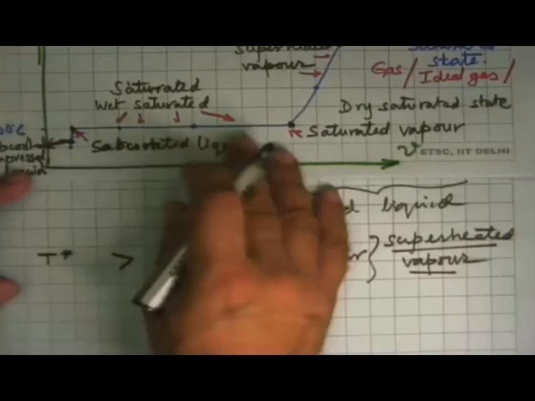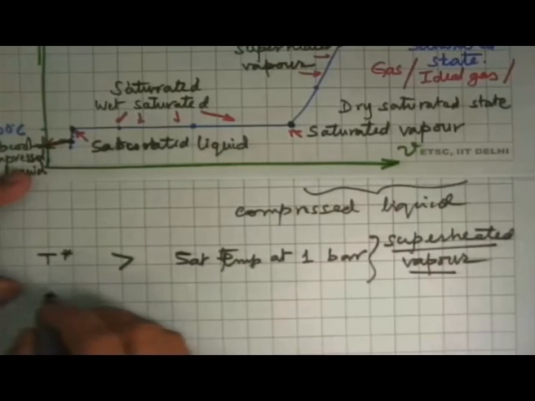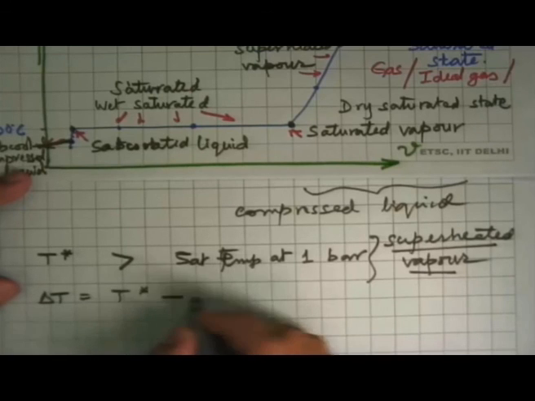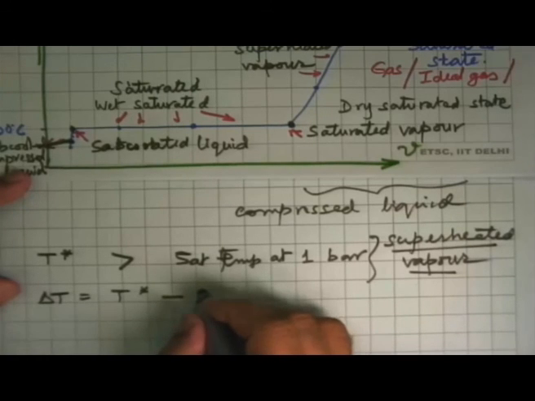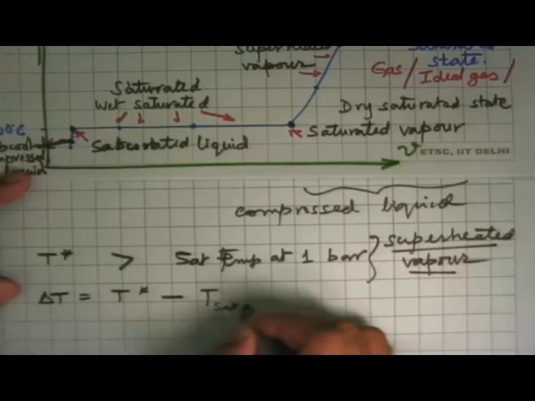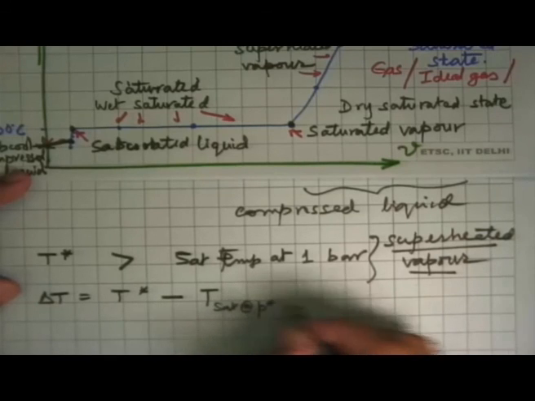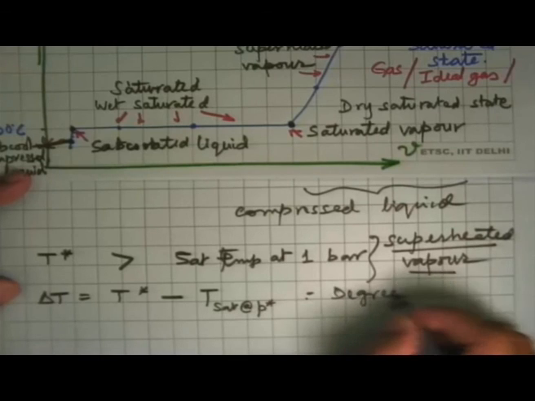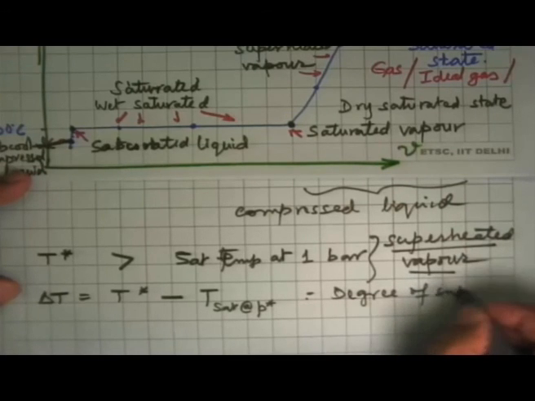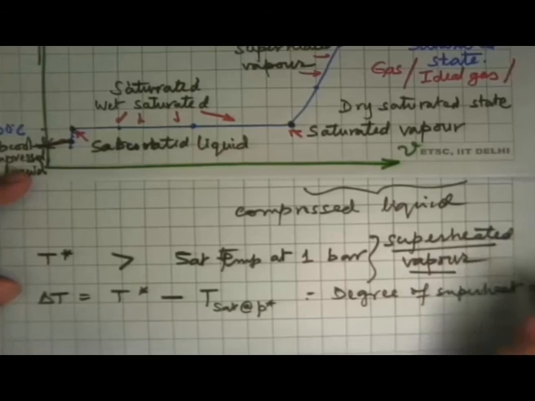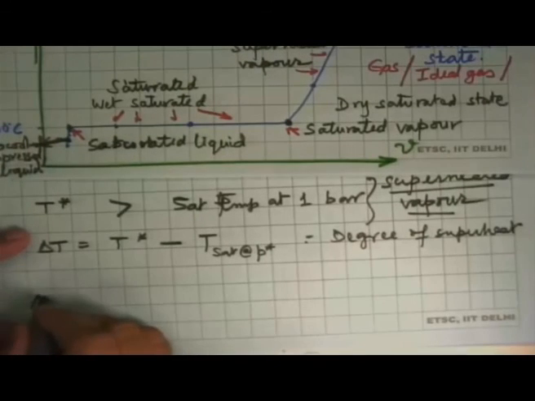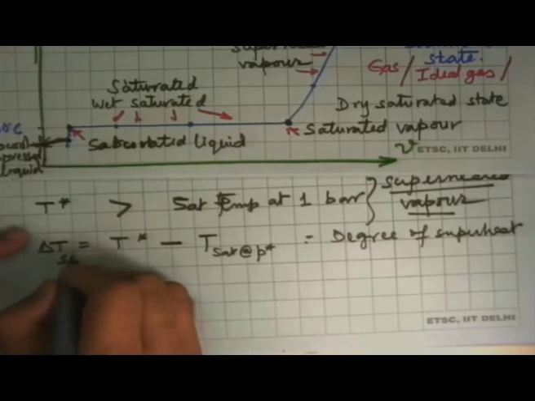We can define one more parameter here as the delta T, which is T star minus the saturation temperature at that pressure, and this is defined as degree of superheat. And similarly, another delta T of subcooling, this is delta T superheated.